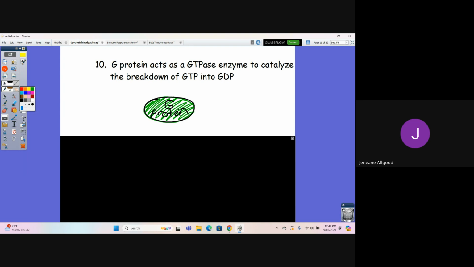All right, so it is going to act as a GTPase enzyme, and it is going to convert GTP into GDP. And that will inactivate the G protein. And right now, the G protein is inactive. That will inactivate the adenylyl cyclase enzyme.